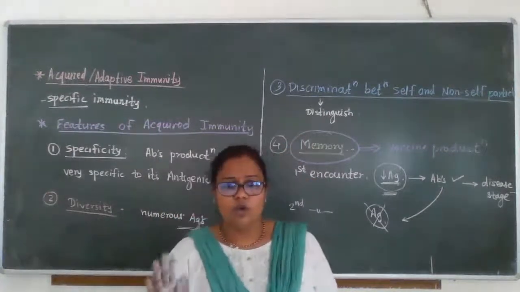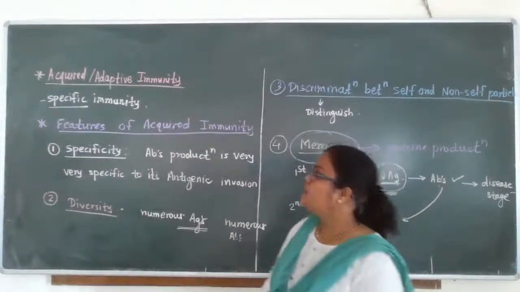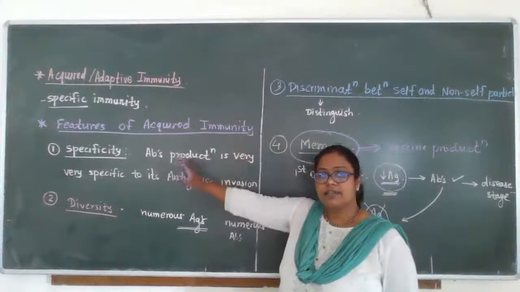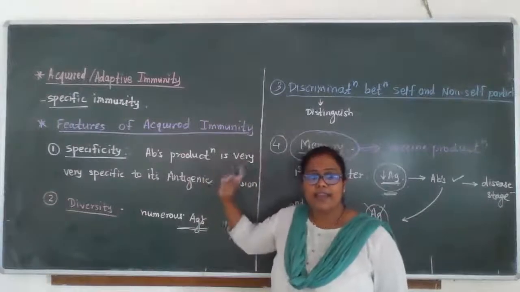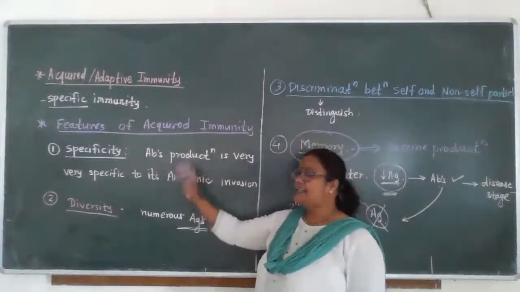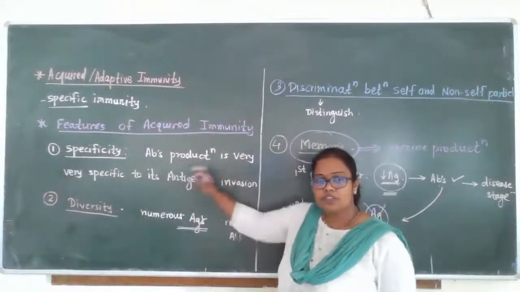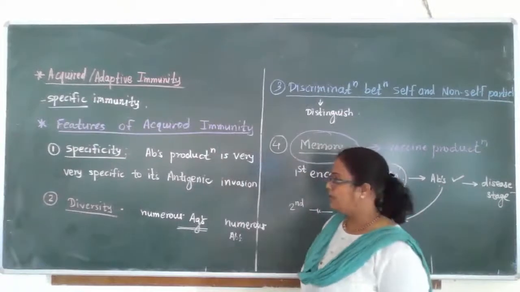So these are the 4 features of acquired immunity. Can be asked for 2 marks. The first one is specificity. Listen carefully to the sentence: antibody production is very, very specific to its antigenic invasion. That is the specificity. Whichever type of antigen invades, according to that the antibodies are produced, right?